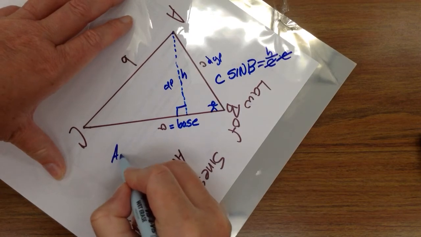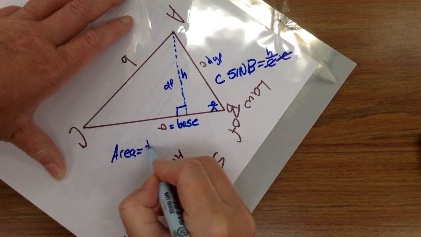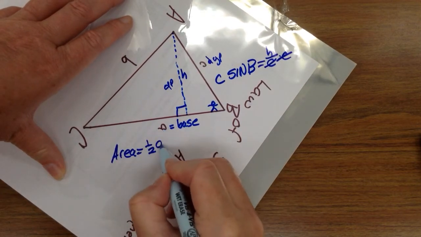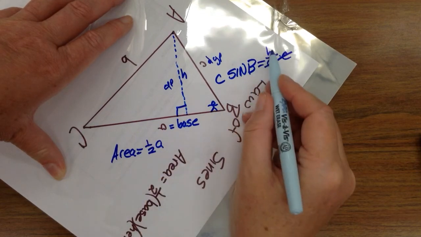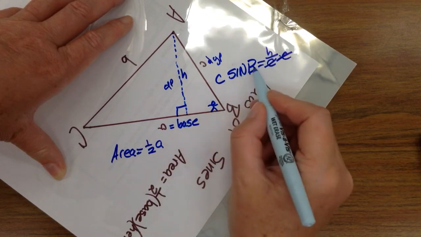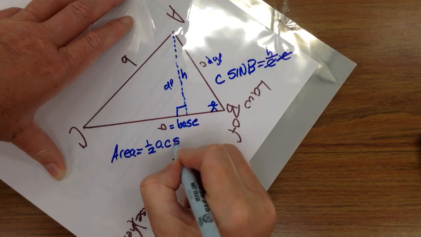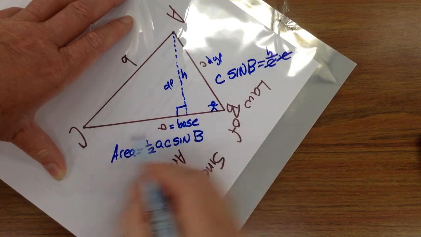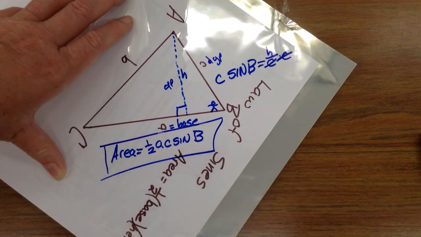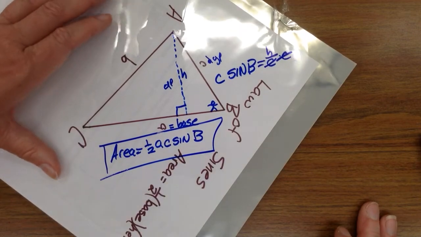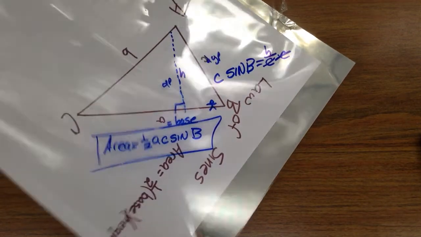The area formula is 1/2 the base, which is A, and the height, which is C sine B. Third area version.